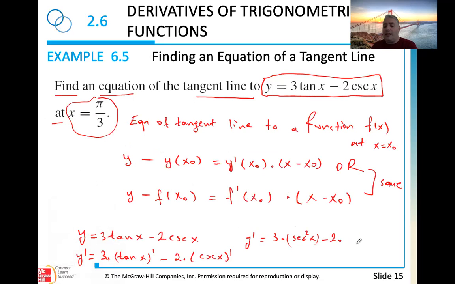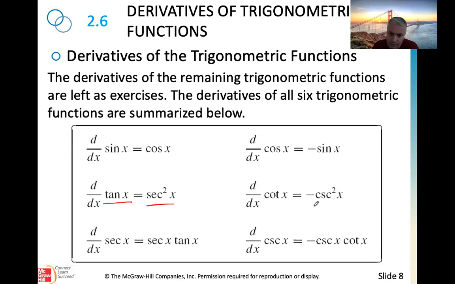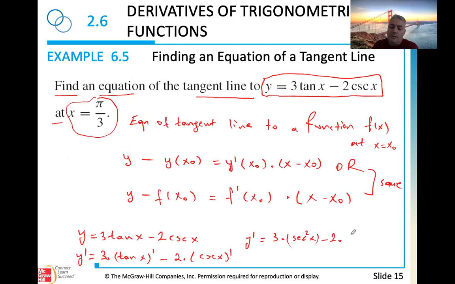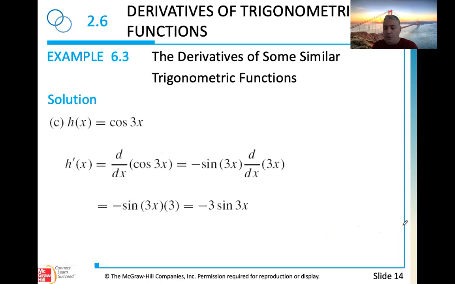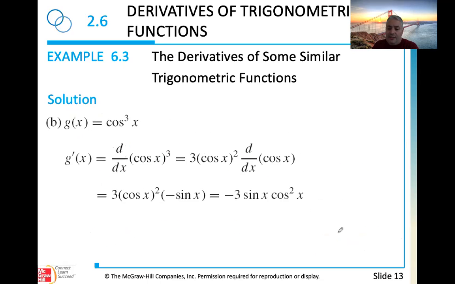Let's check: it is cosecant x times cotangent of x, so I am writing it is equal to negative cosecant of x times cotangent of x. To be sure, again I am looking. Yes, cotangent of x, cosecant x, and negative.